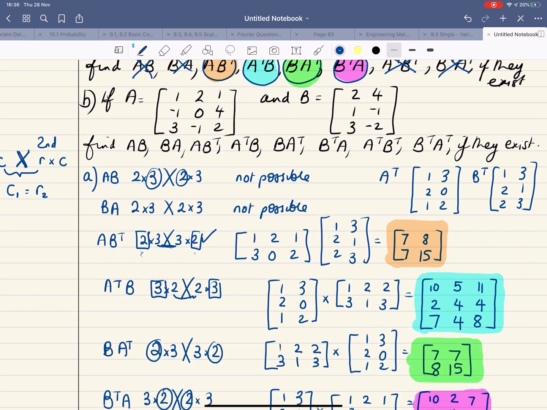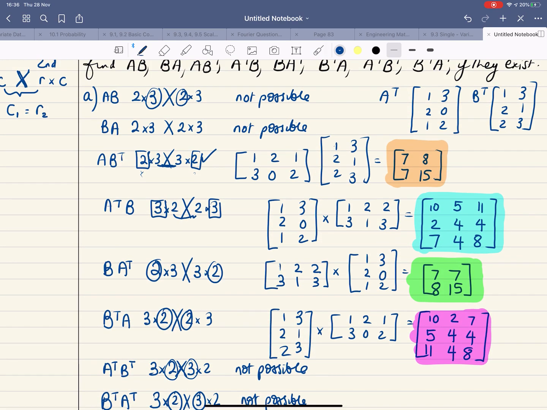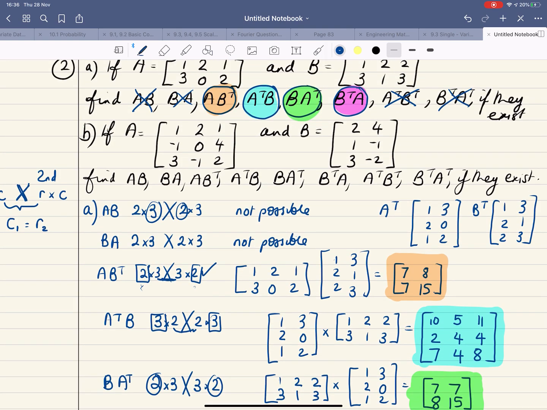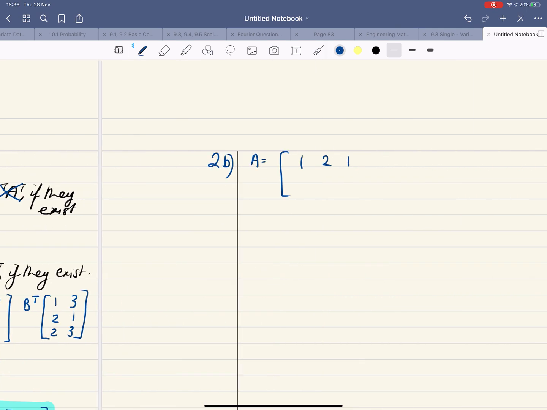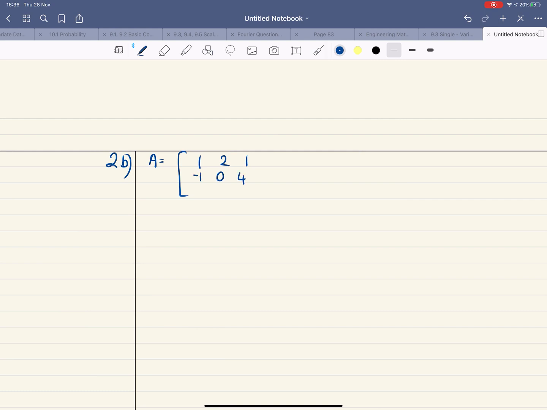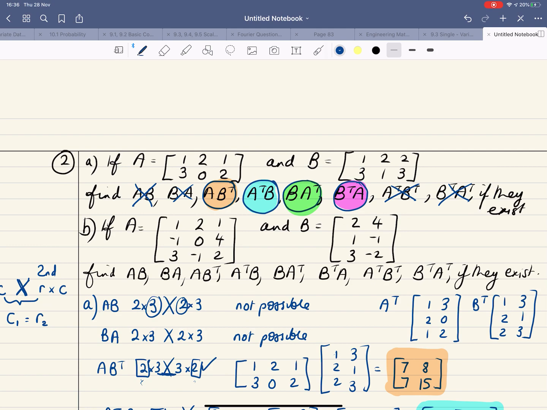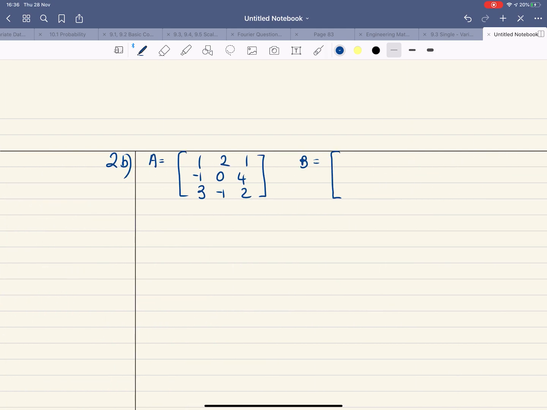A is 1, 2, 1, minus 1, 0, 4, and B is 2, 4, 1, minus 1, 3, minus 2.